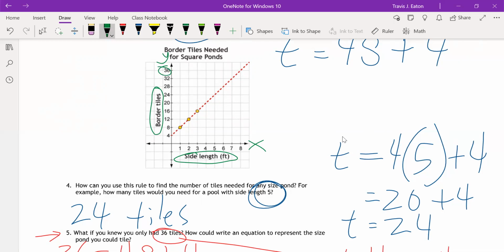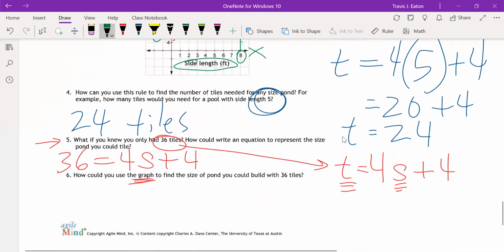We go up here, we find the 36, and we go across until we hit the line of our equation. When we hit that line, then we go down. And that takes us to 8. So if you have 36 tiles, the largest pond you could build would be 8 feet to the side.